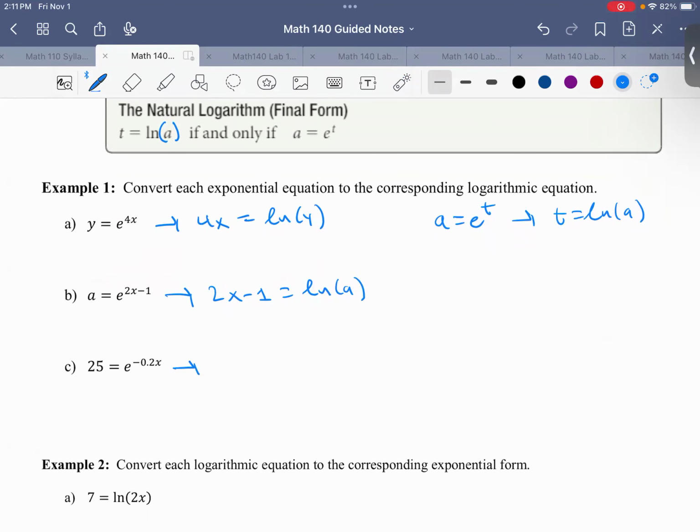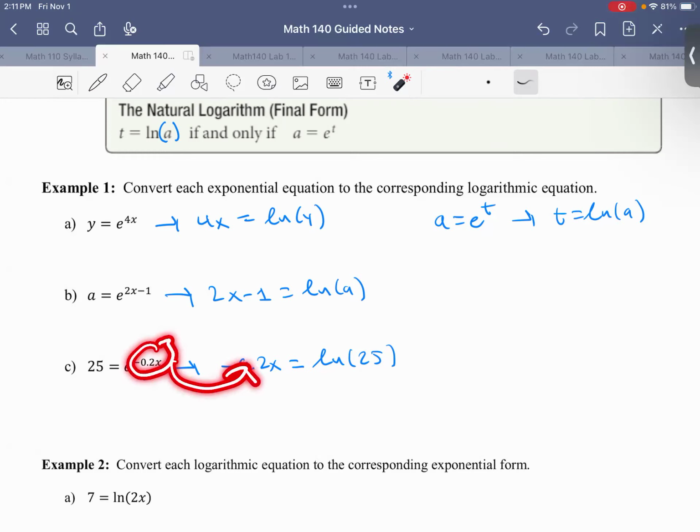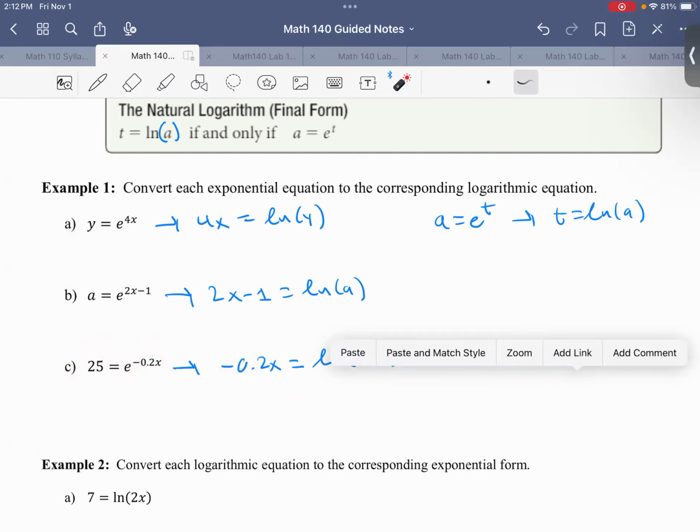Likewise, this negative 0.2x equals natural log of 25. Okay, I'm just rewriting it. I'm not solving for anything. I'm just rewriting it in terms of a natural log. So whatever is in the exponent for base e goes on the left-hand side, and then whatever is on the right-hand side goes into the natural log. Okay, so that's converting it to natural log.